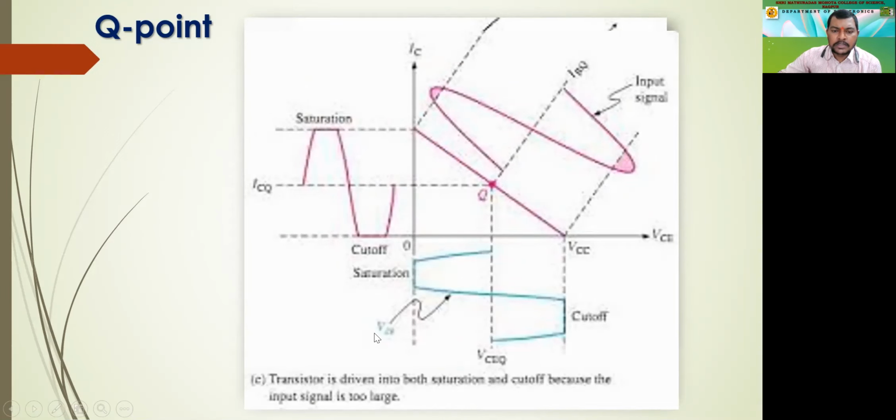The transistor is driven into both saturation and cutoff because the input signal is too large. So if you apply too large a voltage, above saturation and below cutoff, then the output will look like this. We'll have the peaks eliminated, for current as well as for voltage. So we won't work in that.